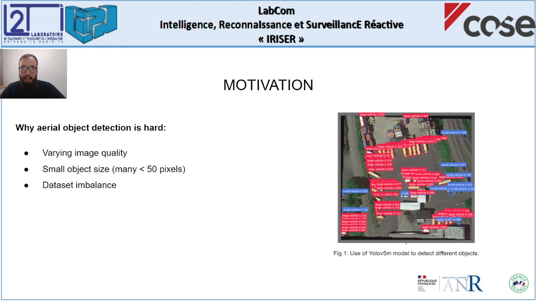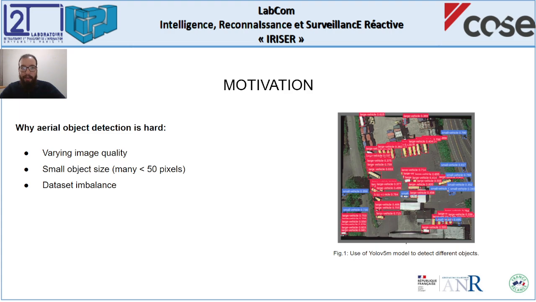For example, the cameras in drones, helicopters, and satellites can vary a lot in the quality of the image and, of course, the size of the objects. Small objects can be considered as having less than 50 pixels, and then, of course, there is dataset imbalancing.